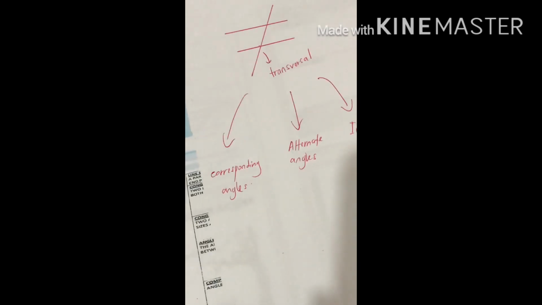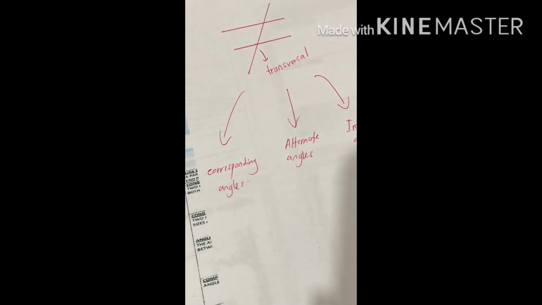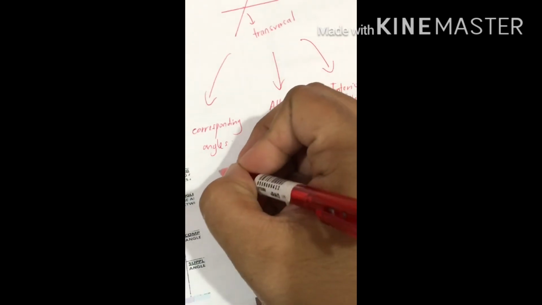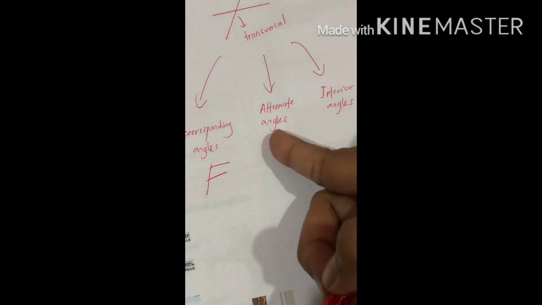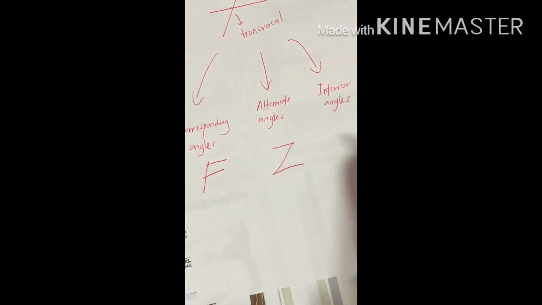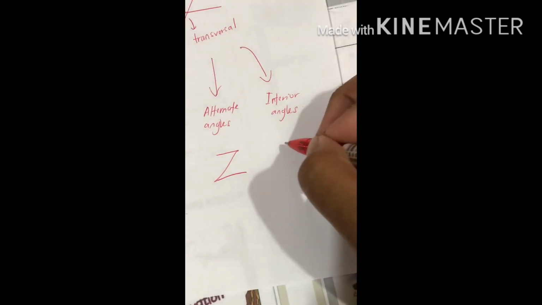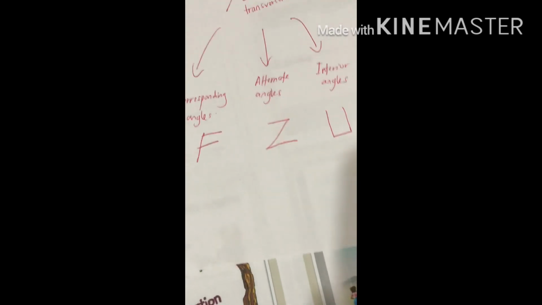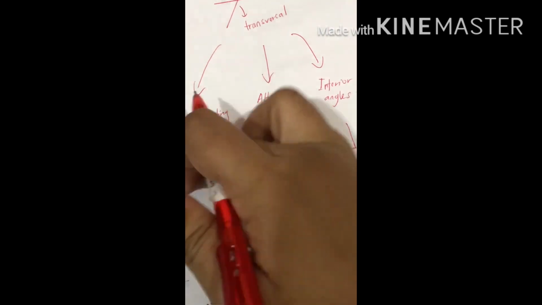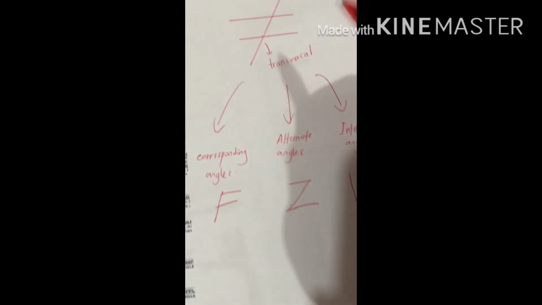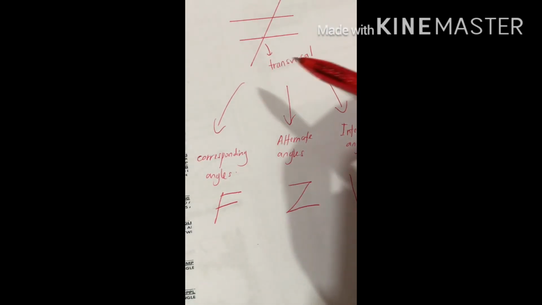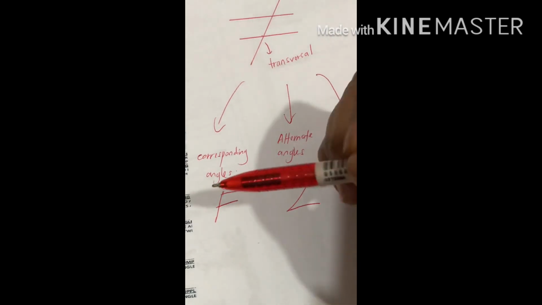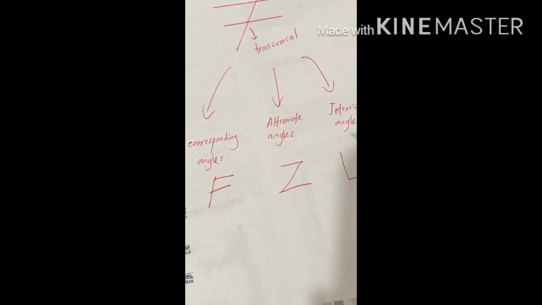Actually it's very simple if you understand and memorize the shape. Corresponding, you remember the letter F. Alternate, you remember the letter Z. And interior, you can remember U or C. These angles are formed from the transversal line, which crosses the parallel lines.